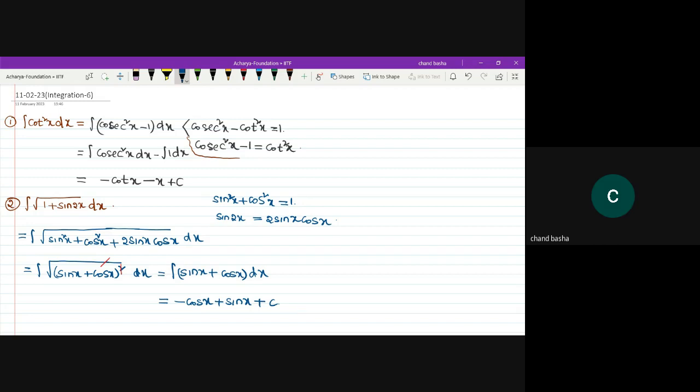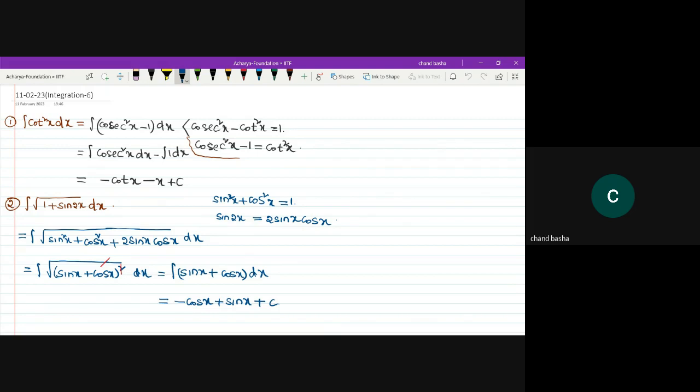If you are using 1 plus sin 2x whole power 1 by 2, which formula are you going to apply? x power n plus 1 divided by n plus 1. If any constant is there, that constant must be in the denominator. But 1 plus sin 2x is not a constant, it is one function. I cannot take the function in the denominator. I can take only the constant. Suppose sin 2x is there. The integral of sin 2x is minus cos 2x, and the 2 exists in the denominator.